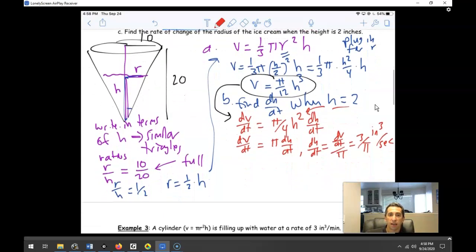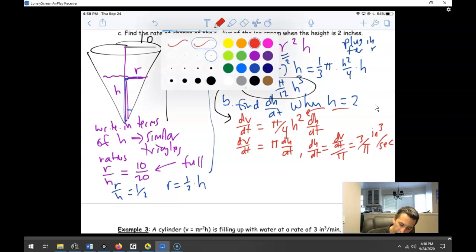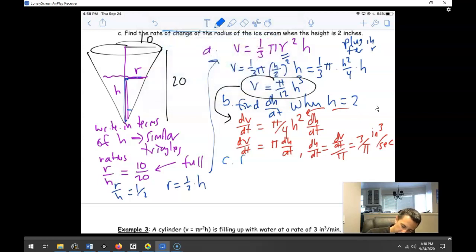Now, part C says find the rate of change of the radius. So C is asking me to find dr dt. One thing you could do is redo parts A and B and put everything in terms of r instead of h. But you can also solve these problems by just using this equation right here.